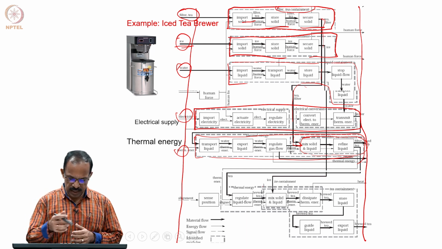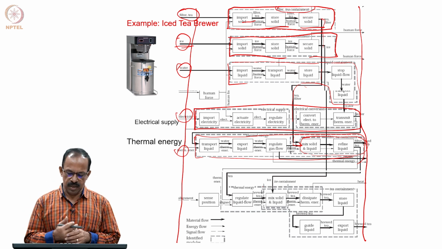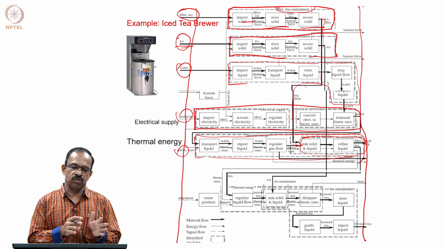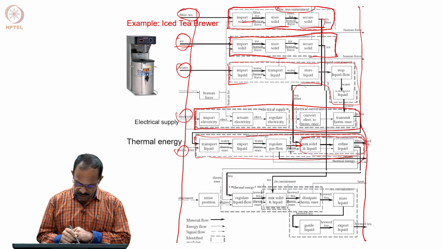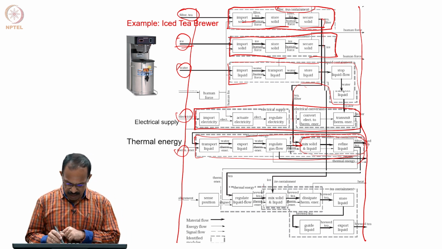Again, you can look at the branching, if there is any branching happening or if there is any conversion happening. All those things can be combined and then you can have different modules. So, there will be different such modules identified here. You can see this ice, part of ice containment, after tea containment, and this brewed tea can be another module.